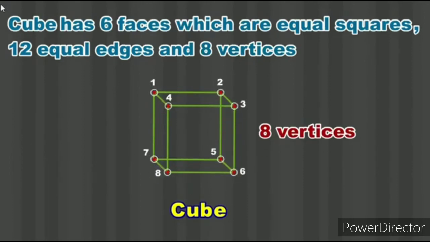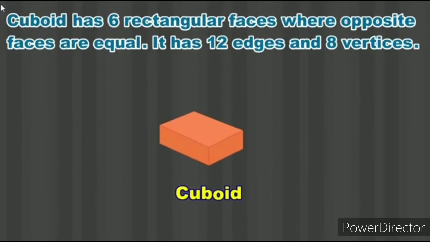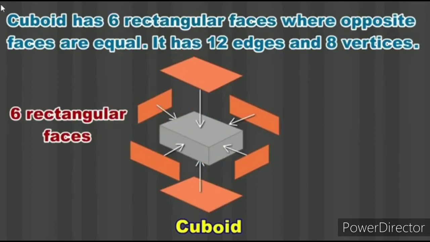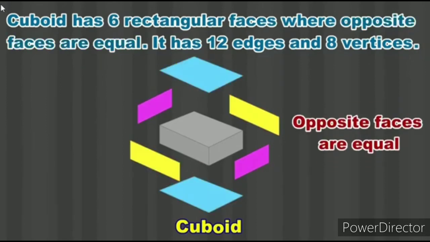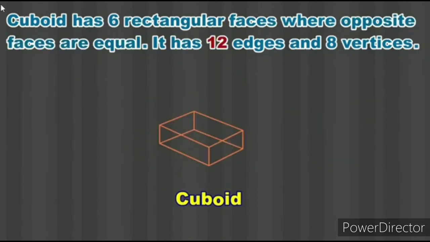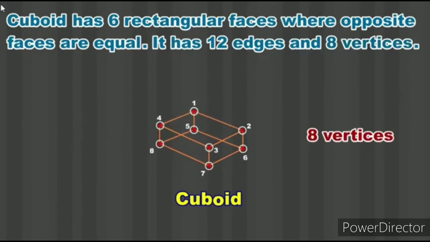So how many vertices are there? 8 vertices. Now a cuboid has 6 rectangular faces and its opposite faces are equal. Can you see opposite faces? They are equal. It has how many edges? Like cube, even a cuboid has 12 edges. And how many vertices does it have? This also has 8 vertices, right?